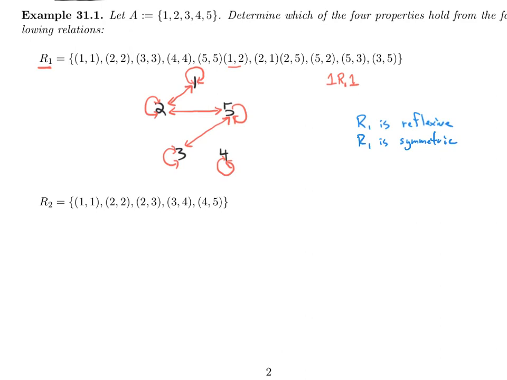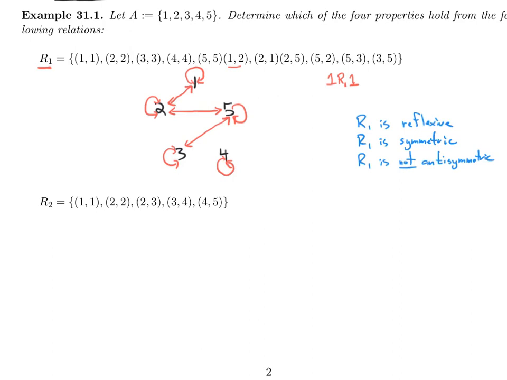What about anti-symmetric? Well, it's not. R1 is not anti-symmetric. And let's do a little counterexample here. Remember, these are all universally quantified, so to prove something wrong, you just have to find one counterexample to it, an existential statement as our counterexample.